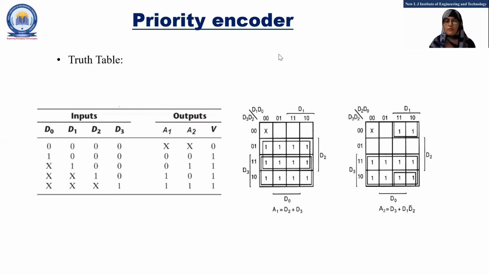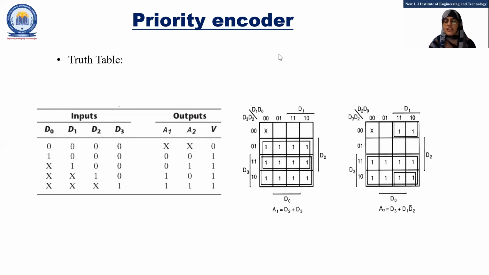For these two combinations, the output A1 will be 0, and for the other two conditions, don't care 1, 0, the output will be 1, and don't care 1, the output A1 will be 1.